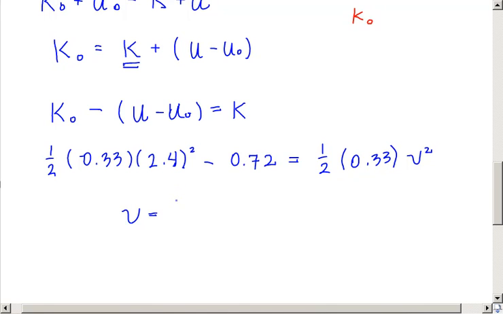After your ninja algebra, what'd you get? 1.1? Anybody else get that? 1.2. Okay. All right, so now we have the speed.